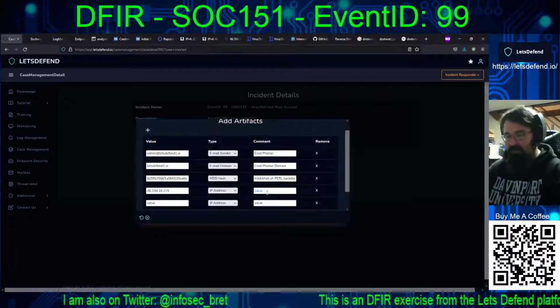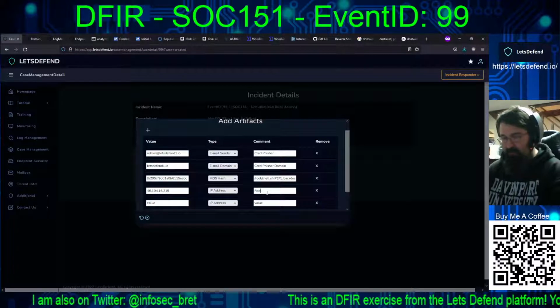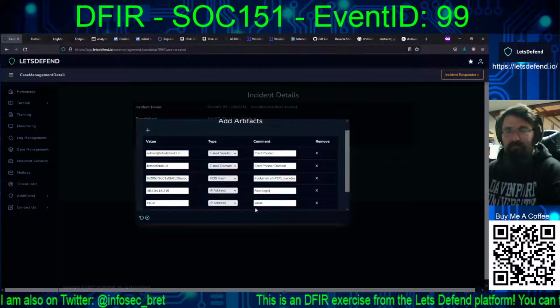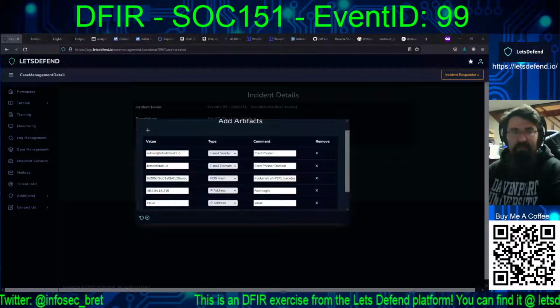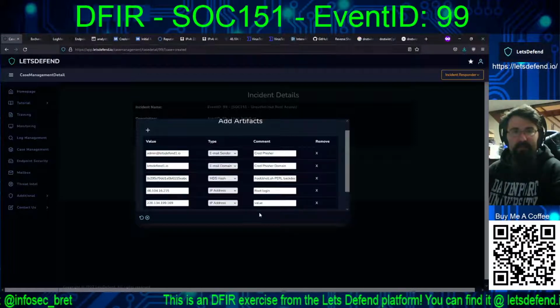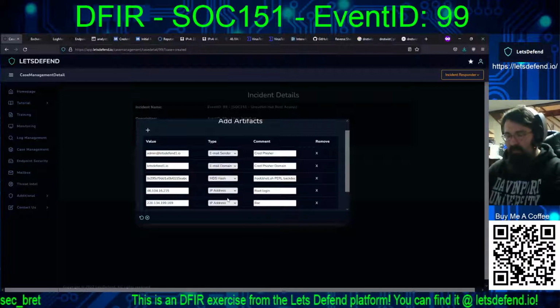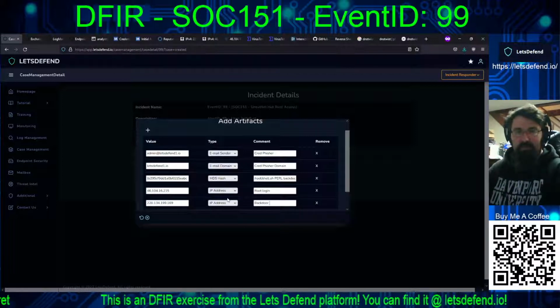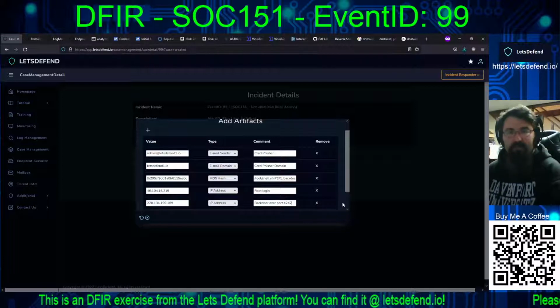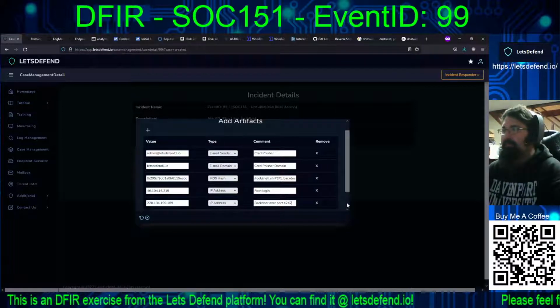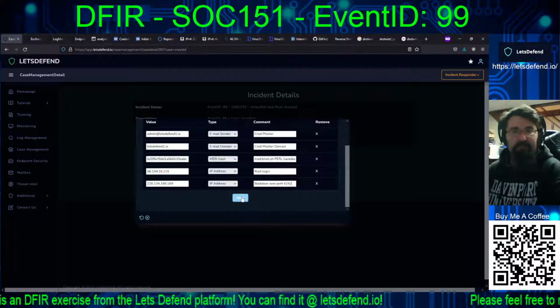Okay, so this is the people who did the root login, and this is the backdoor. Backdoor over port 4242. Okay. Yeah, I think that's about it.